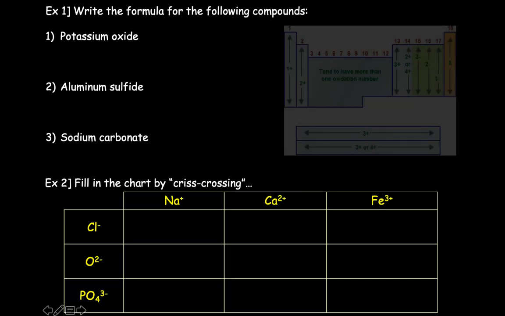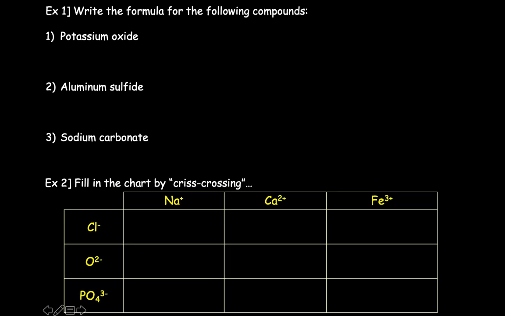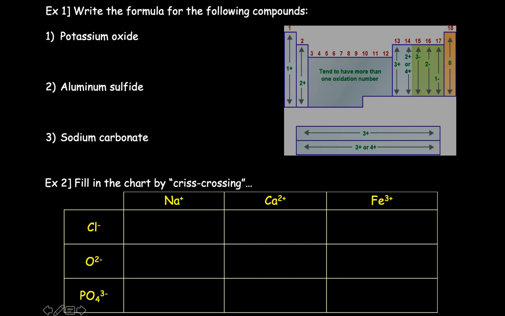Okay, and lastly, I just want to show you why it's important here. If you see something like potassium oxide, if you take this thing and you go to the pen, and you can see that potassium. Hold on one second, guys.